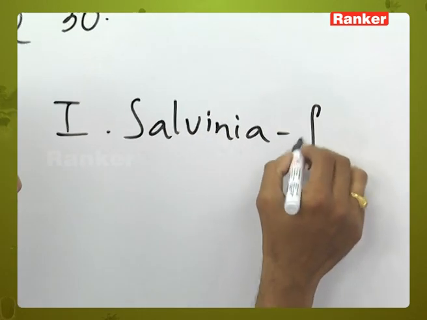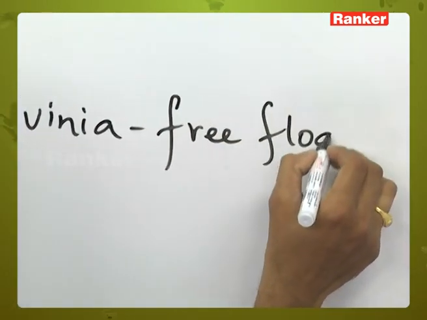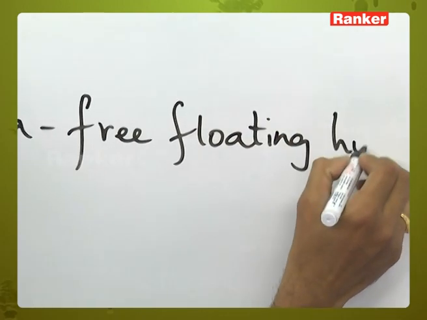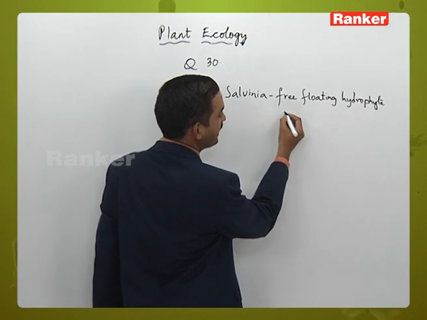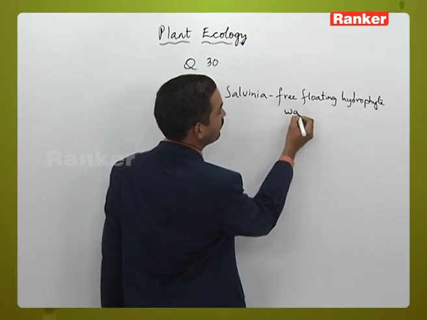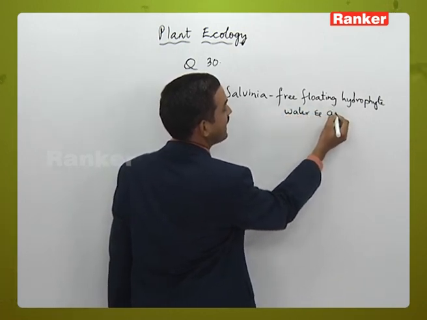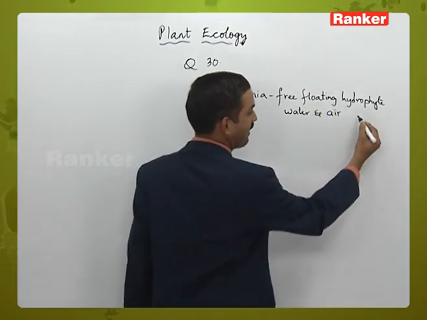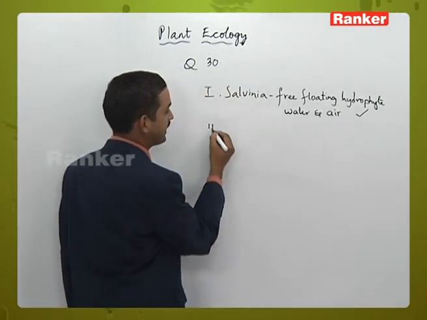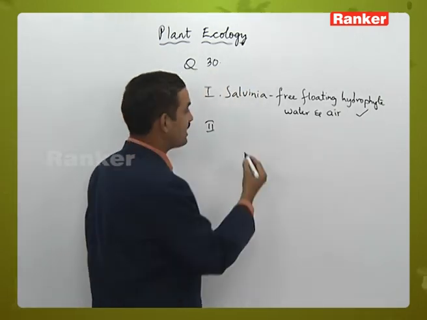Salvinia is a free floating hydrophyte. As it is free floating, it has contact with water and air, both water and air. So from the given options we can say this statement is correct. Second one, Vallisneria.